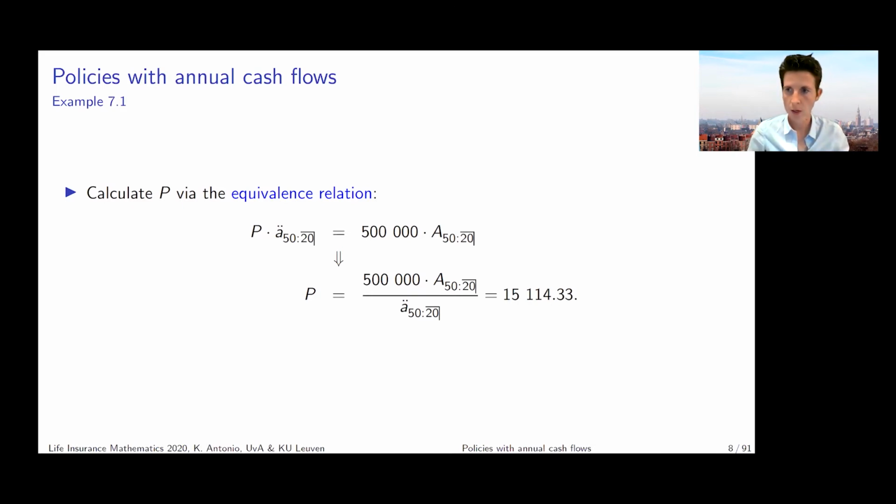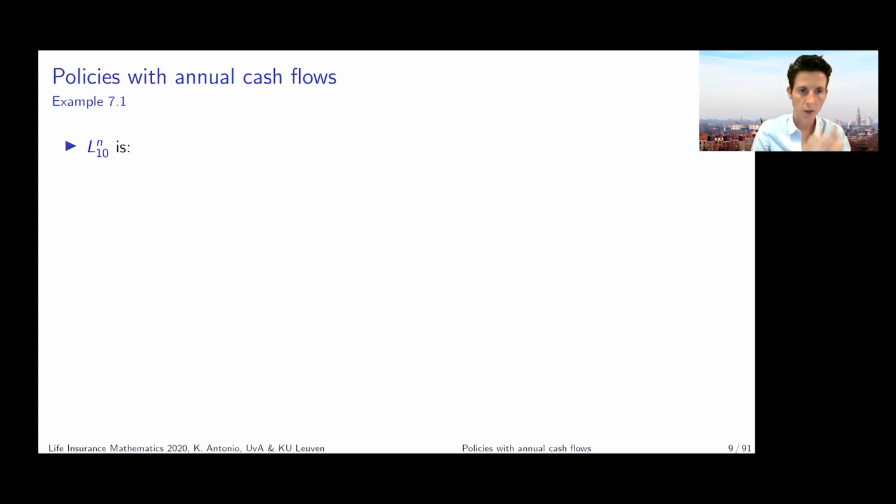So what we're now going to do is put ourselves at time 10 and at time 11. And we're going to ask ourselves, if the policy is still in force at time 10 or at time 11, what would then be the present value of the future cash flow streams in that setting? So let's do that. Let's put ourselves at time 10. And I'm going to do it the hard way and the long way.